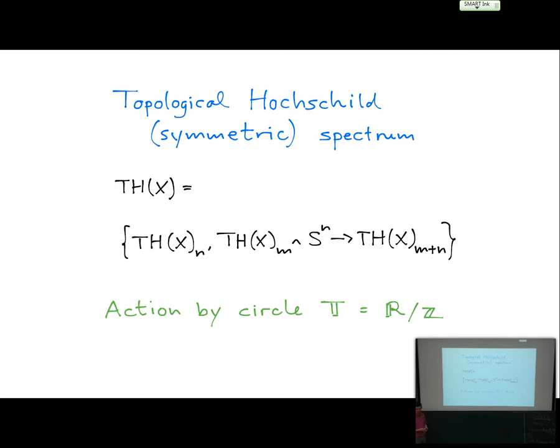And then there's this fantastic thing about this which was discovered by Connes, that the ordinary Hochschild complex is not just a simplicial abelian group; it has this extra cyclic structure, and that gives rise to an action of the circle when you form the geometric realization. So this spectrum comes equipped with a continuous action of the circle.